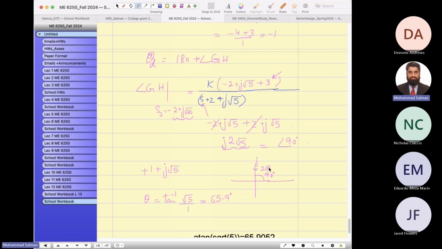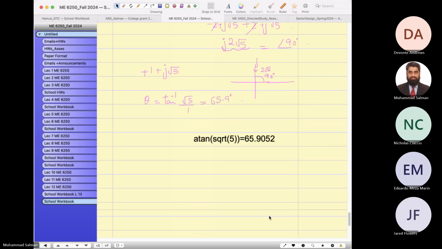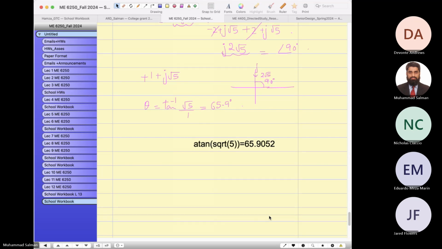So what is the net angle here? The net angle is the zeros minus poles, which gives negative 24.1. And the magnitude, what is the magnitude for this one?